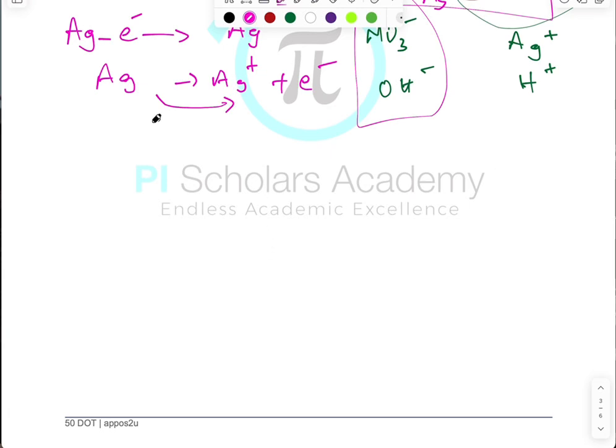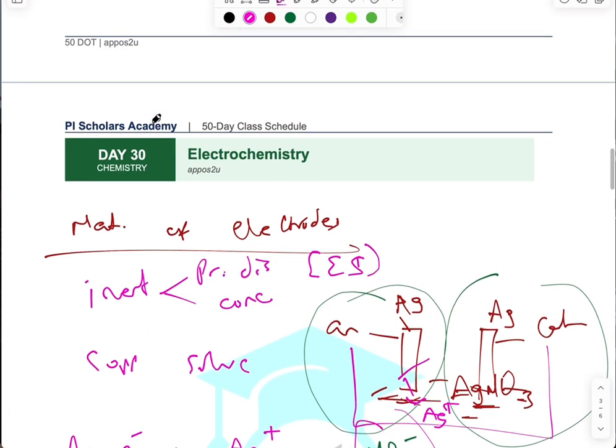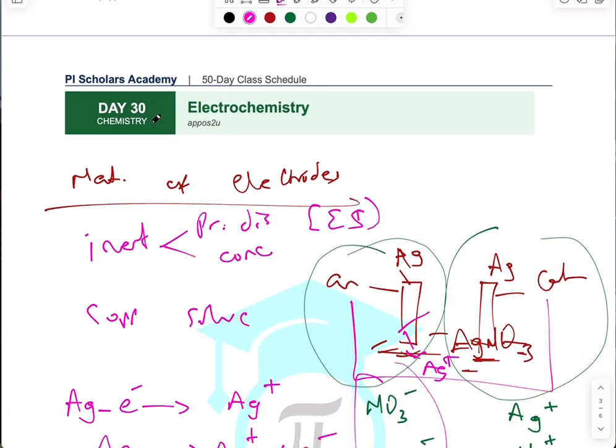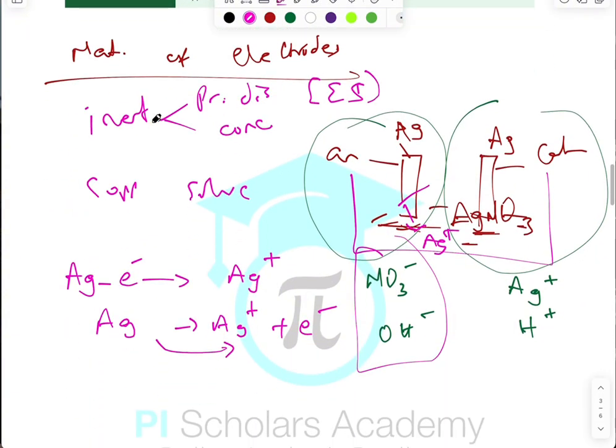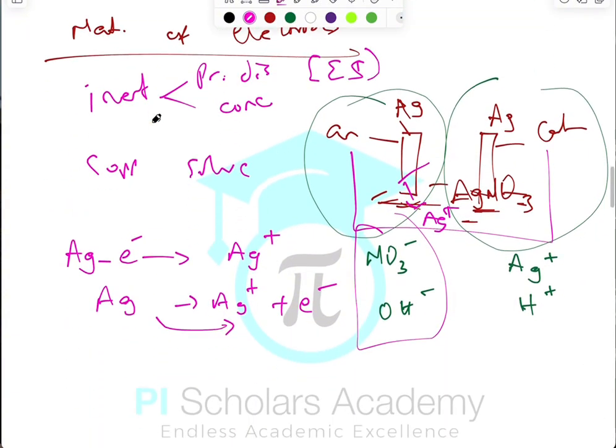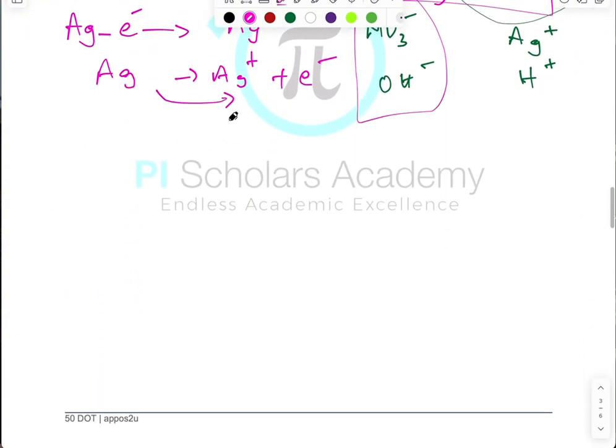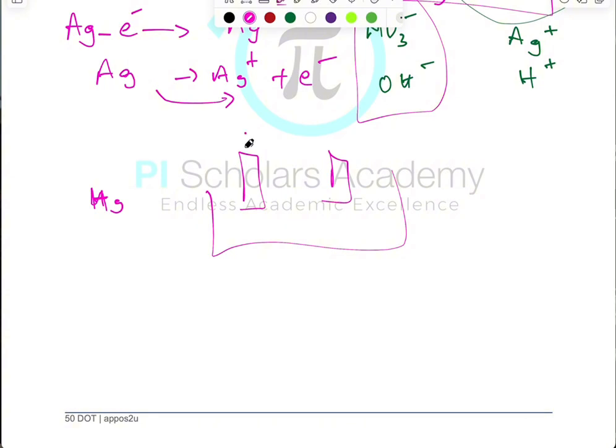And the third thing, when it comes to the kind of electrode that we're using, is whenever you are using mercury as the cathode. If you're doing an electrolysis, you have mercury here and mercury here.